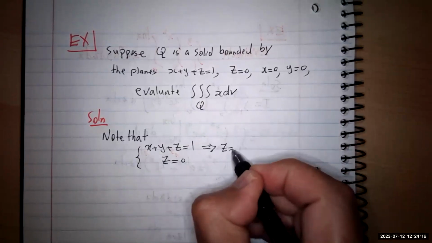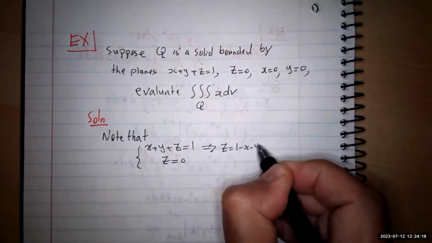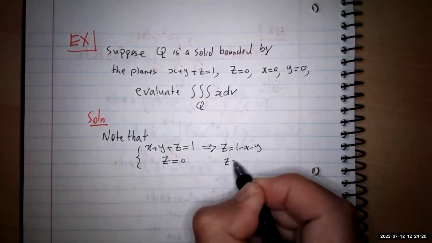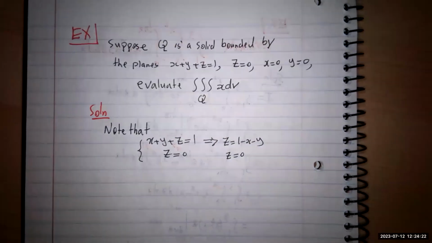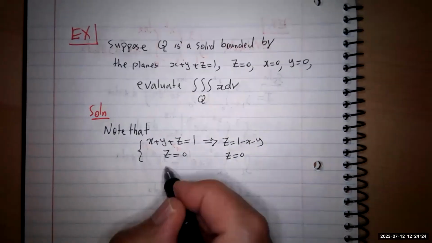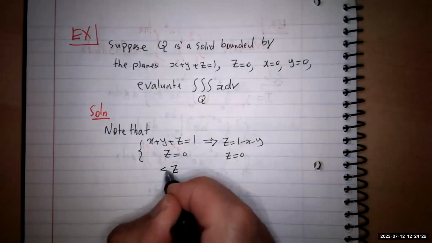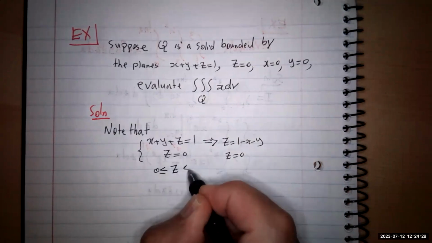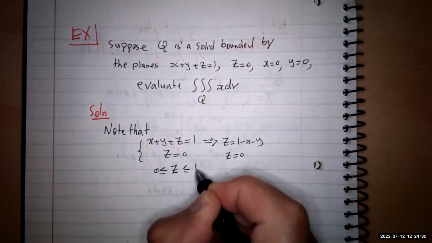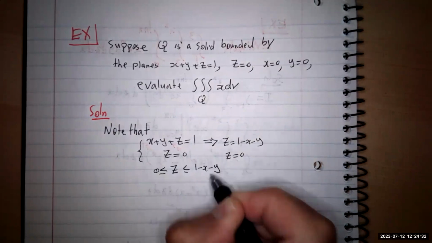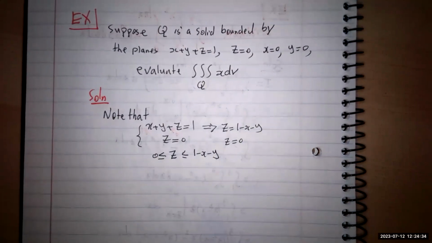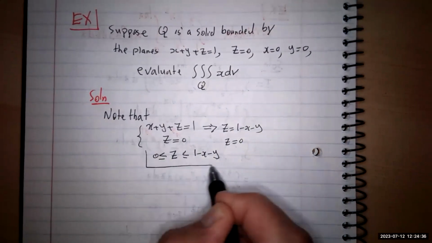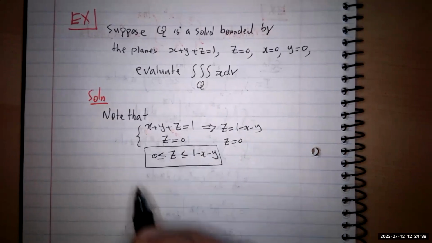So that gives me z equal to 1 minus x minus y, and I have z equal to 0. So now I get the range for the z. So my z must be greater than or equal to 0, and less than or equal to 1 minus x minus y, between those two planes. This is going to be the limit for the z. Any question?